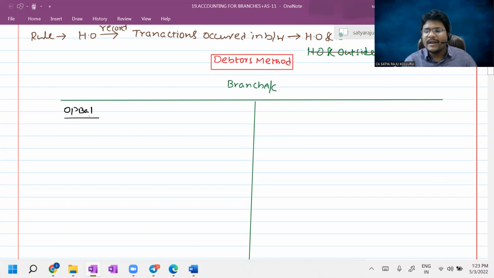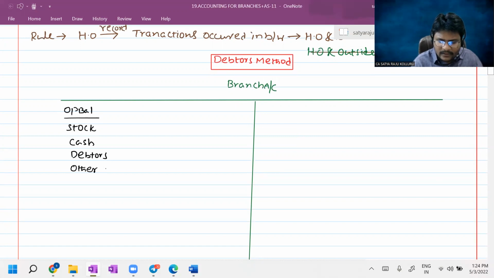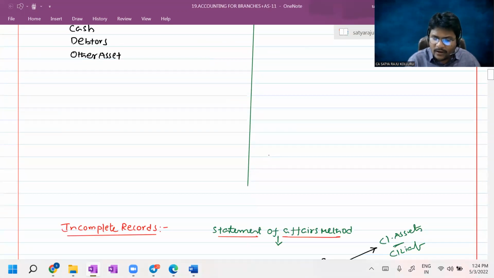we may have opening balance of assets like stock. We may have opening cash, or we may have debtors, or any other asset, guys, any other asset. There is no differentiation for me, which are opening balance. In the same way, we also have closing balance of assets.